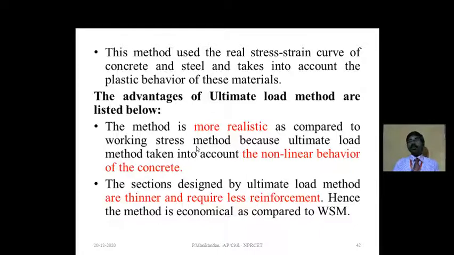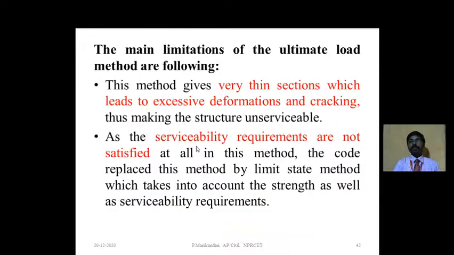The advantages of the ultimate load method are that it is more realistic when compared to the working stress method, as the ultimate load considers the non-linear behavior of concrete, and the section can be thinner, and the requirement of steel will be less in the ultimate load method when compared to the working stress method.